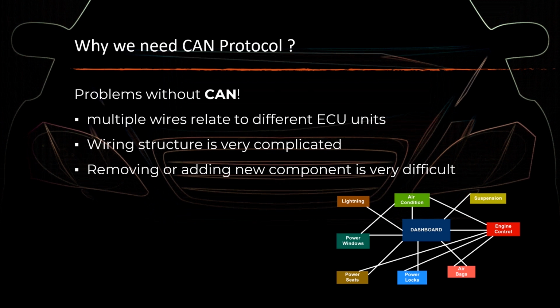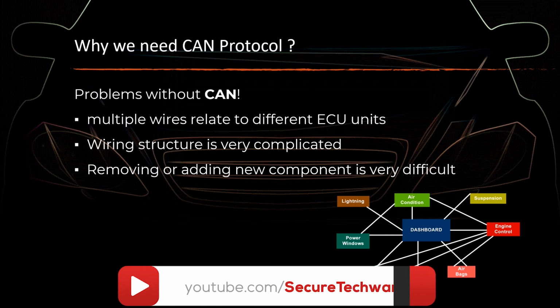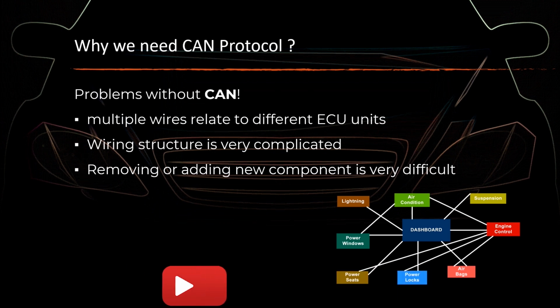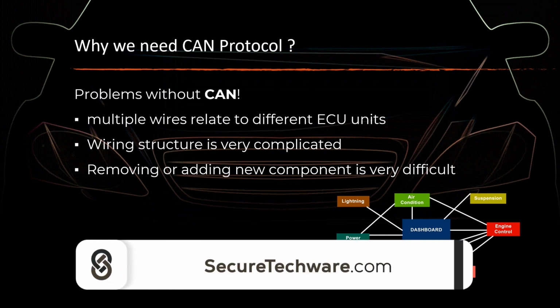So multiple wires related to different ECU units, and wiring structure is very complicated. Removing or adding new component is very difficult, and cost is very high because of wiring structure, and lots of wires were attached in different components, and complexity is also very high.